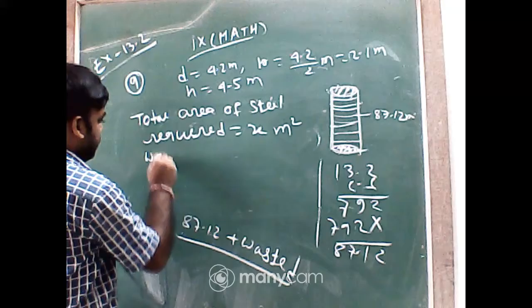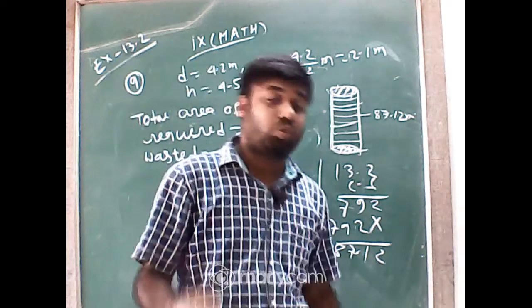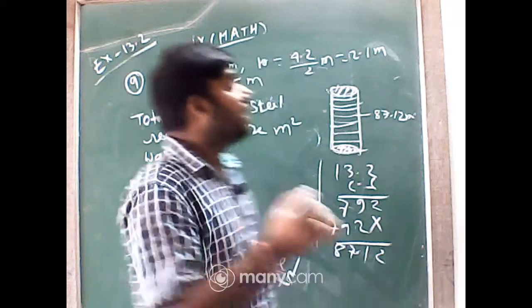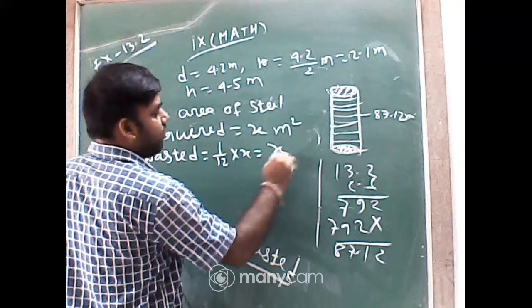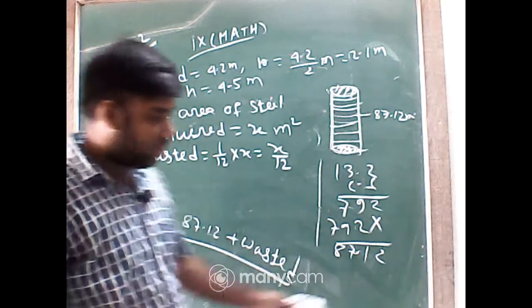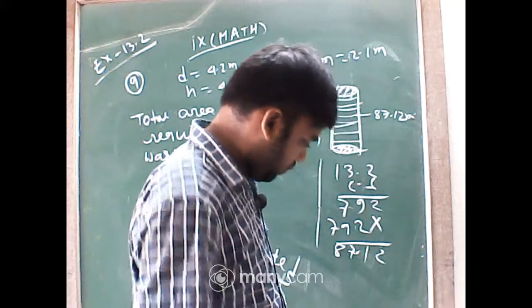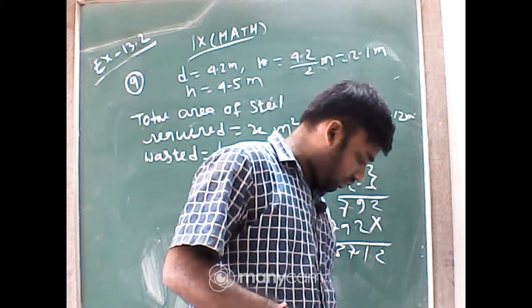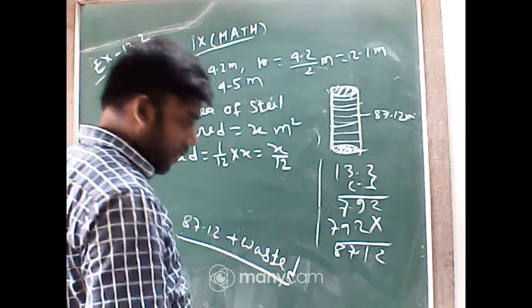Now wasted, 1 by 12 part of what? 1 by 12 part of total, that is 1 by 12 into x, that is x by 12. Got it or not? Okay.